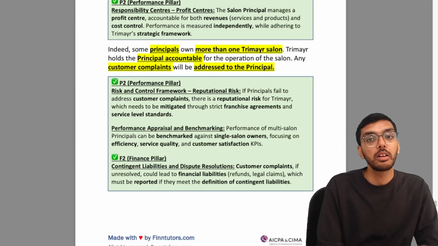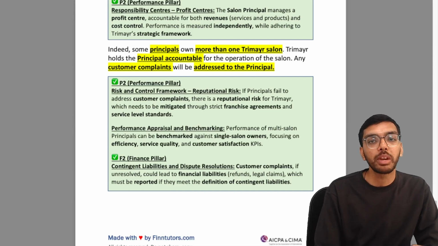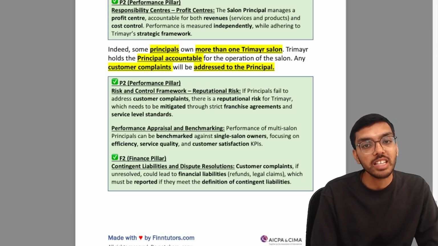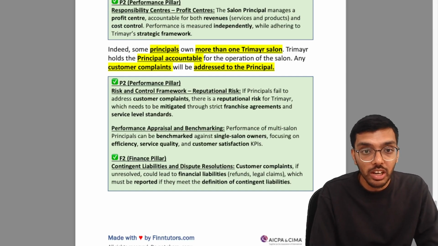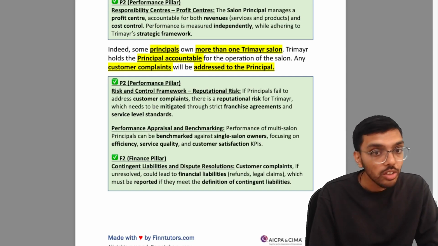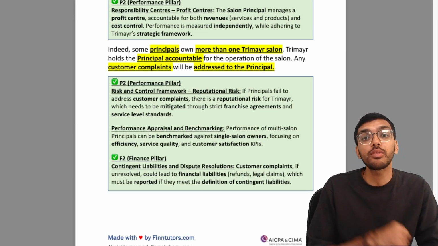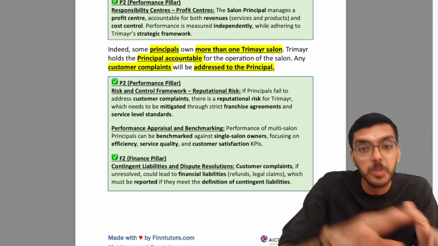Trimayr holds the principal accountable for the operation of the salon, and any customer complaints will be addressed to the principal. Now, if the principal fails to address customer complaints, then reputational risk is on the line. Risk management will be important, and this brings in the case of internal benchmarking as well.